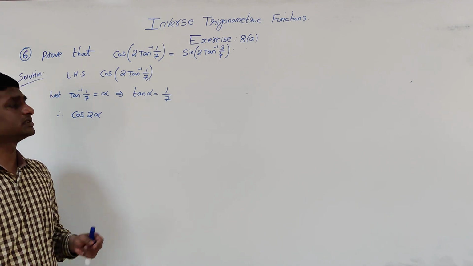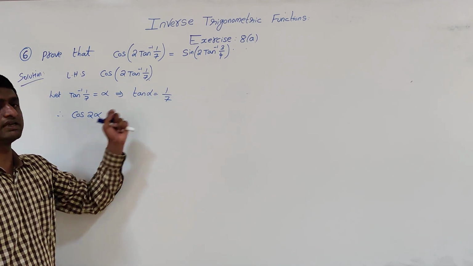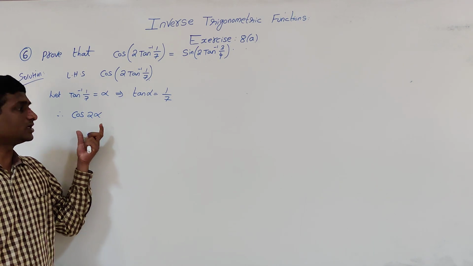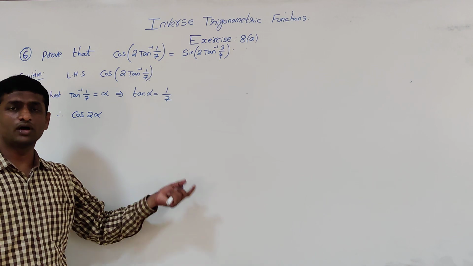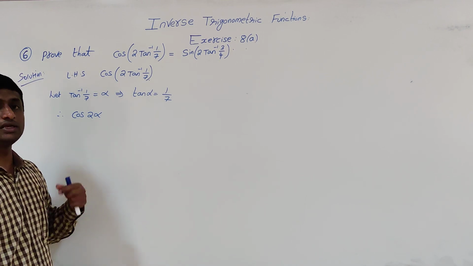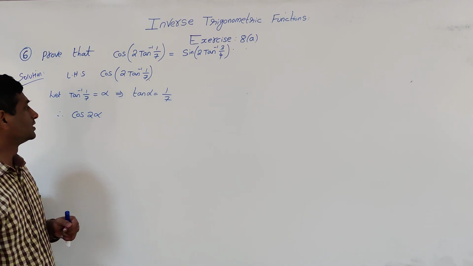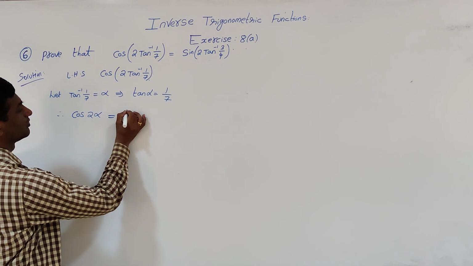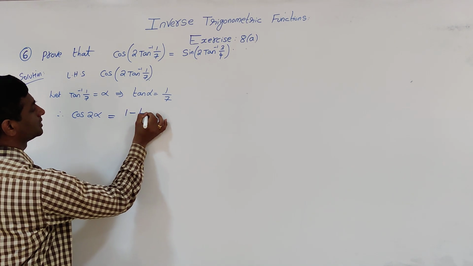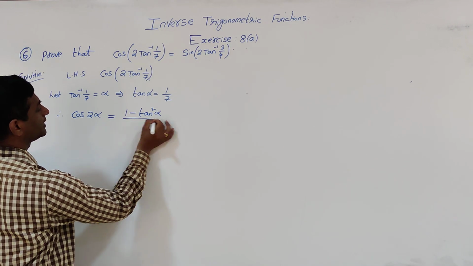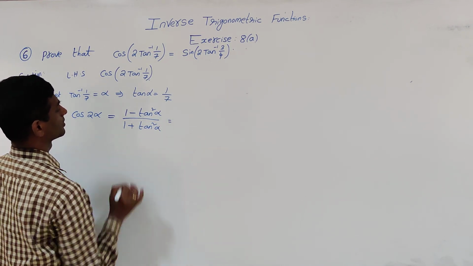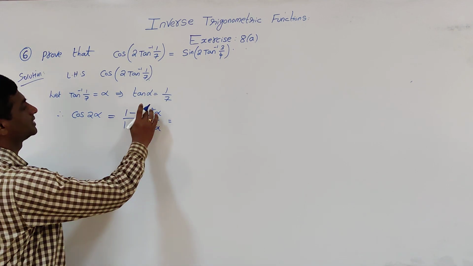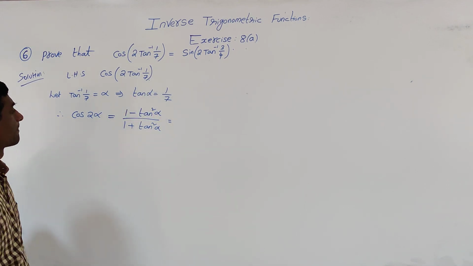But another way is, as we know tan alpha is 1 by 7, can we convert cos 2 alpha in terms of tan alpha? Is there any other form of cos 2 alpha in terms of tan alpha? Yes, cos 2 alpha can be written as 1 minus tan square alpha by 1 plus tan square alpha.